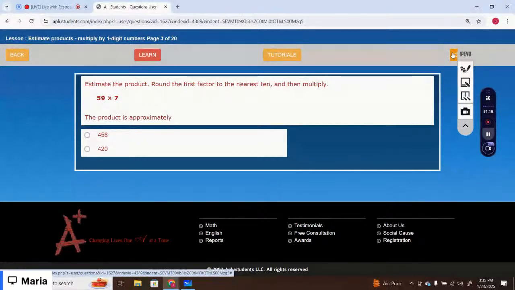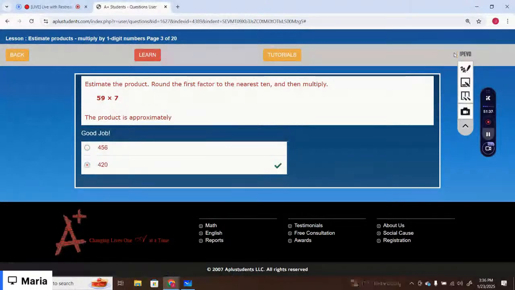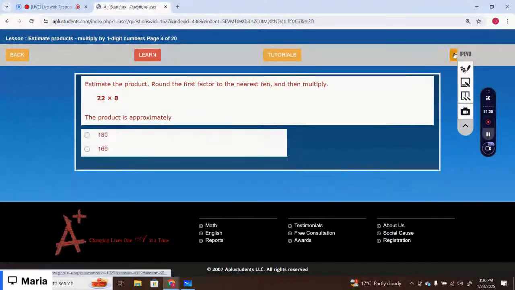So 59 is rounded to 60. So that would be 420. Option number 2 is the correct option. 22 times 8.